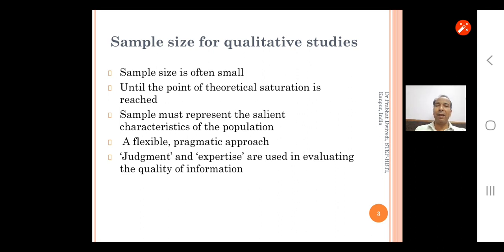And the expertise of the researcher as well as that of the respondent. The researcher has to include those people in the sample who have the relevant experience, who have something to say about the variable, about the factor, and who can provide better quality of information so that he or she can be satisfied about the quality of information received from that respondent.